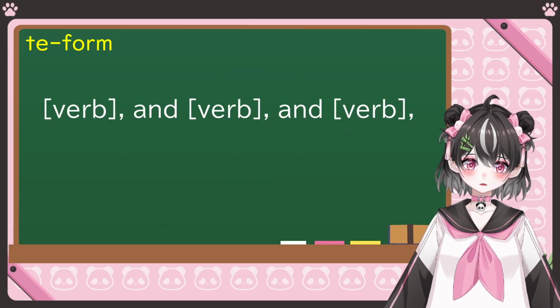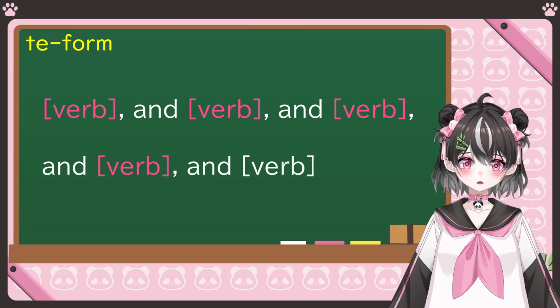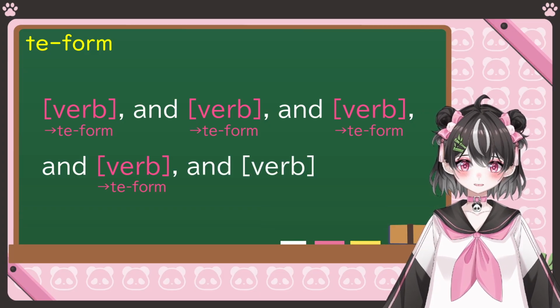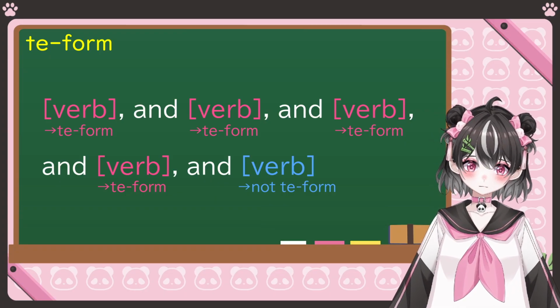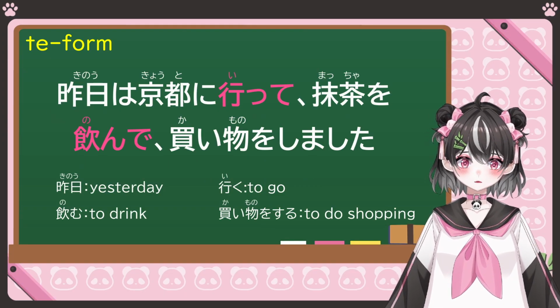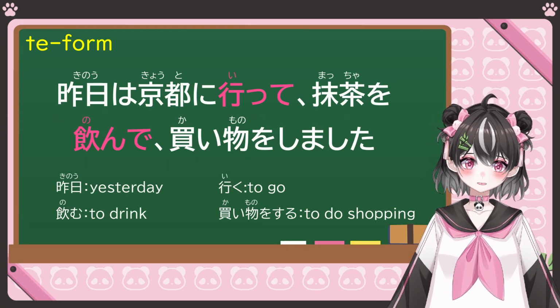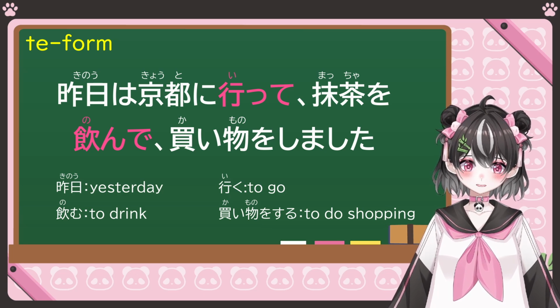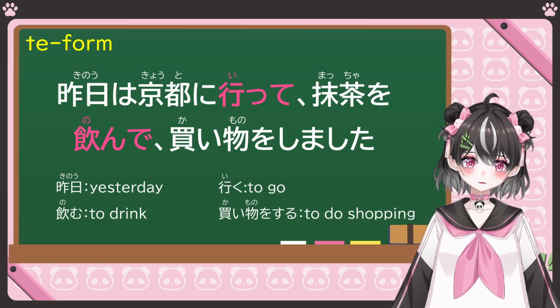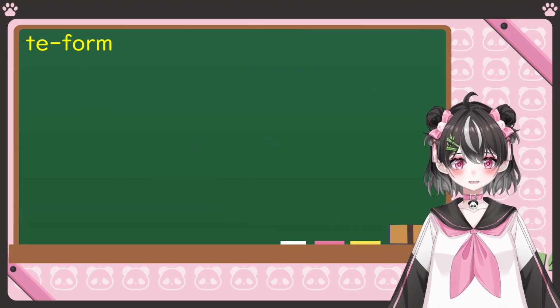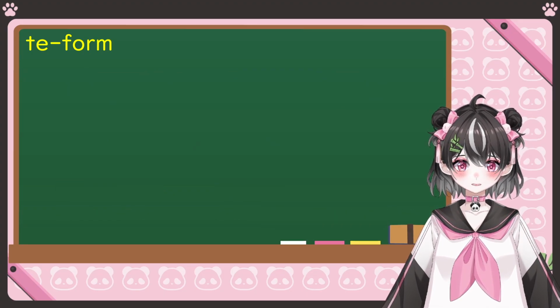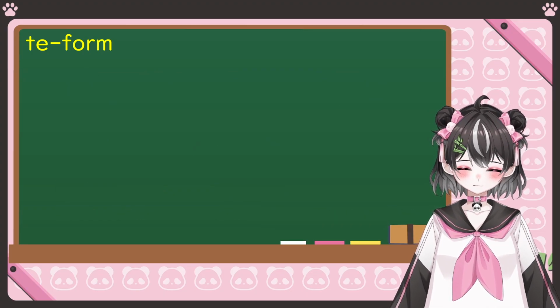If there are three or more verbs, you put all of them into te form except the last one. For example, 昨日は京都に行って抹茶を飲んで買い物をしました。The same rule applies to adjectives and nouns as well.